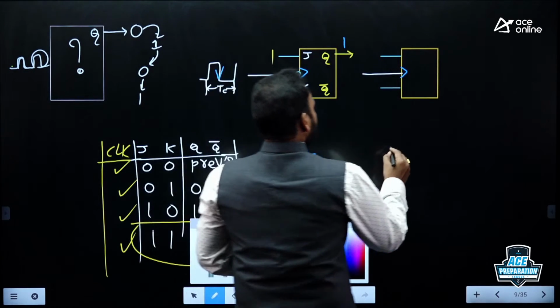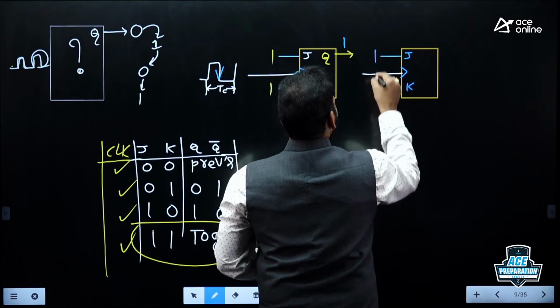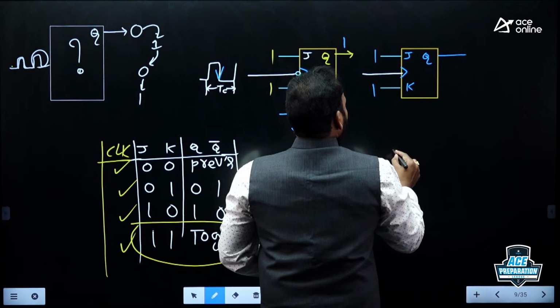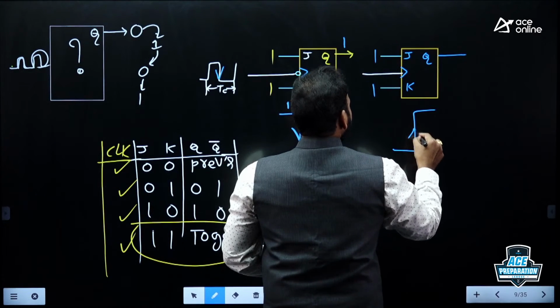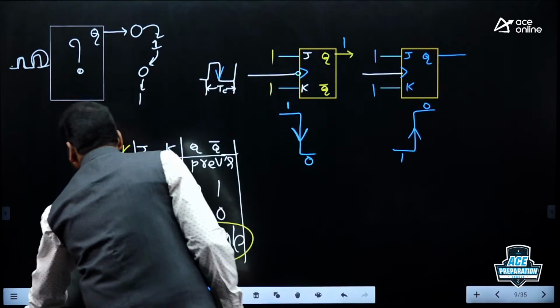It means this type of flip-flop, I am assuming this is J and K. As usual, I will take it as 1 and 1. This type of flip-flop will trigger only during 1 to 0 transitions.